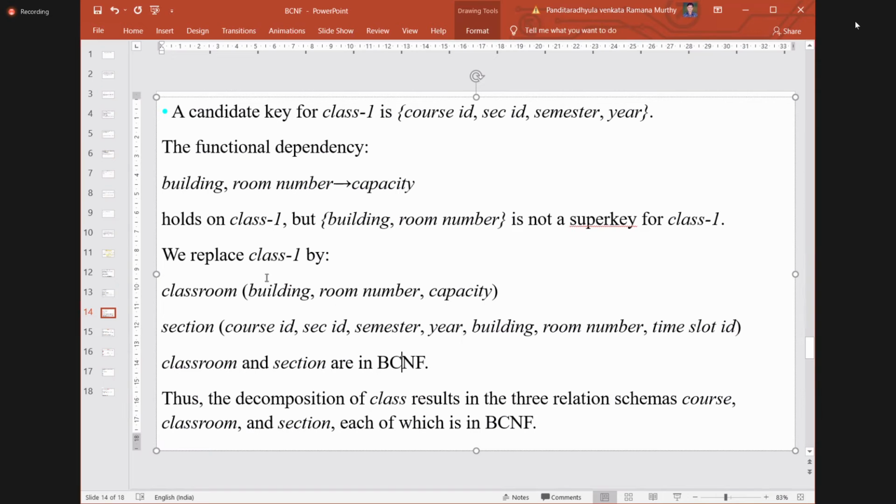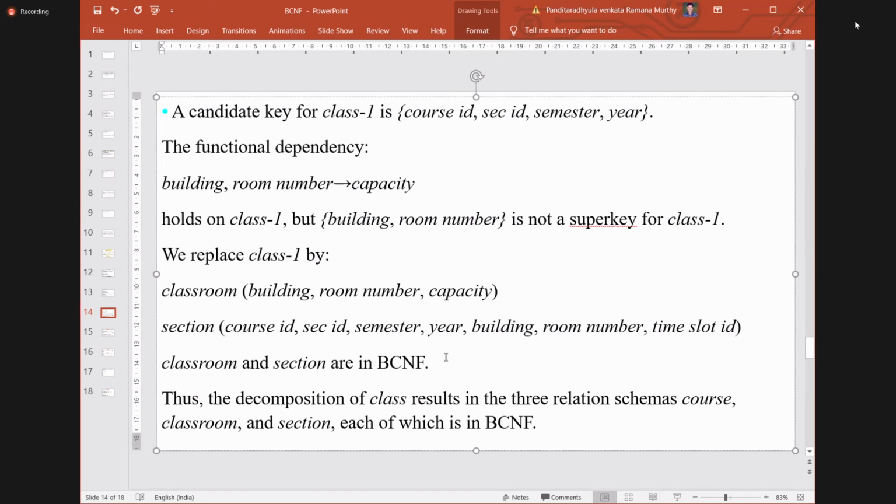So the section and the classroom have super keys only after dividing the class 1 into 2 tables. Otherwise, you have a transitive functional dependency, and you can't identify certain fields as super key. So after dividing into these 2, the classroom and section are now in BCNF.